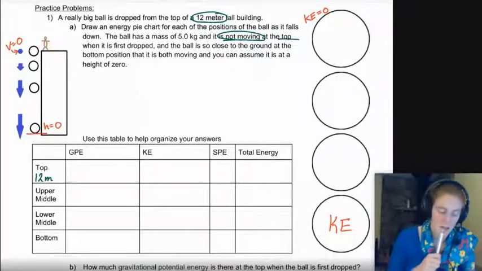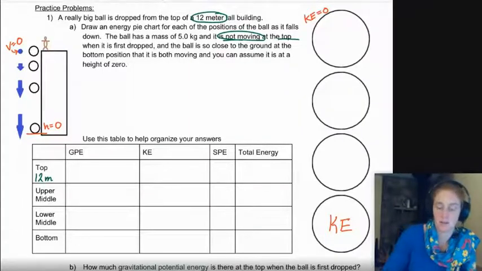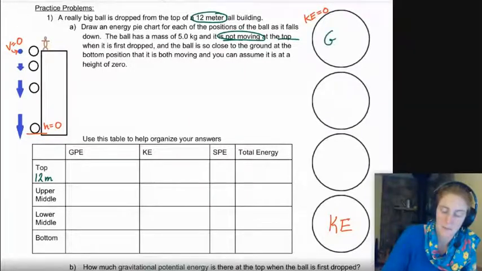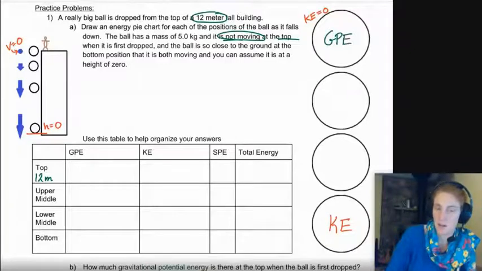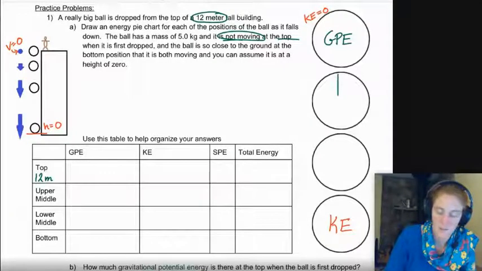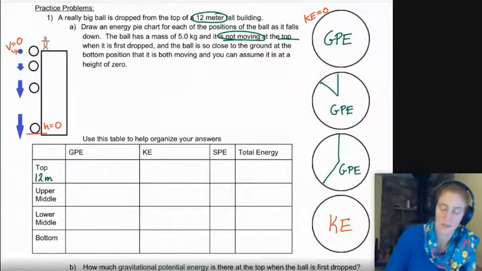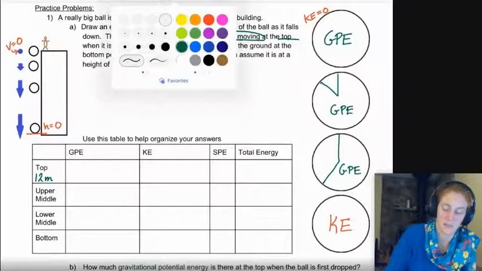And I know that it's not moving, which means that I have all gravitational potential energy. And the closer I get to the ground, the less I'm going to have. So I'm going to have a little bit less here. And then I'm going to have a little bit less yet. And then the rest of this is going to be kinetic.